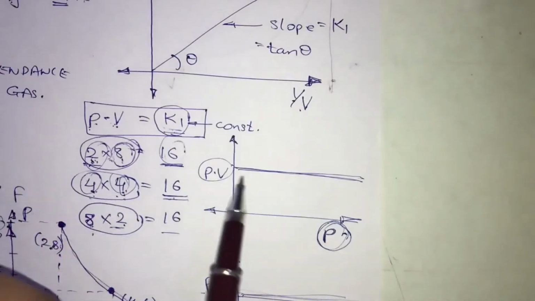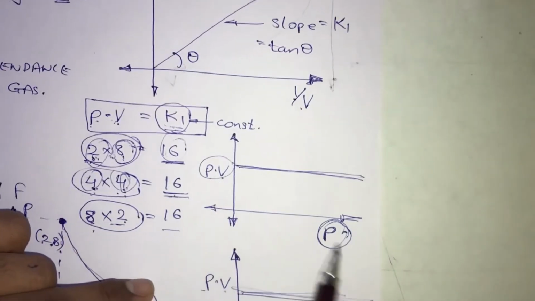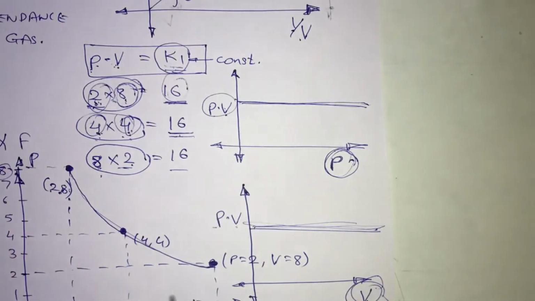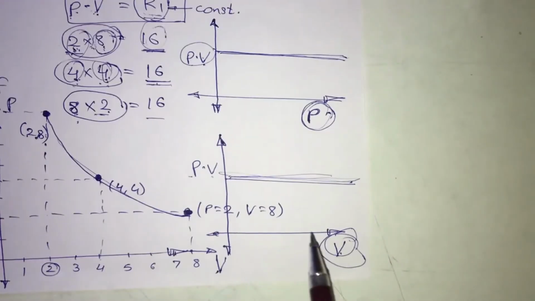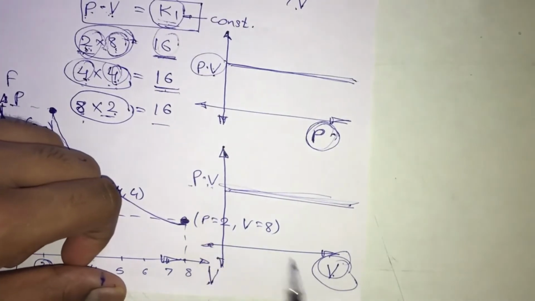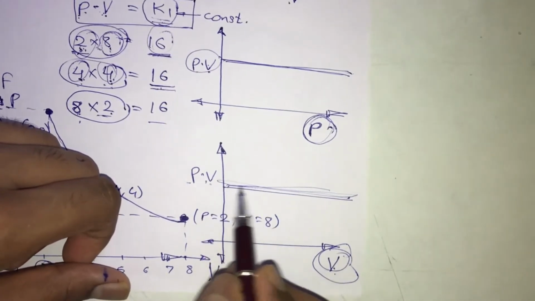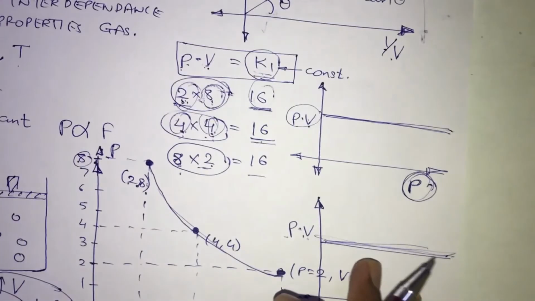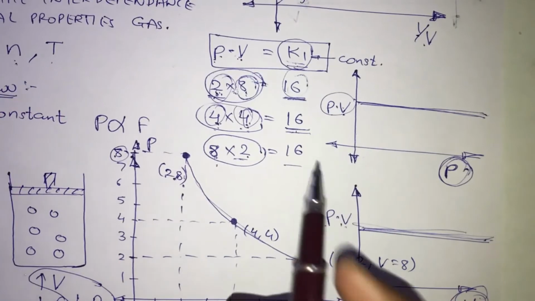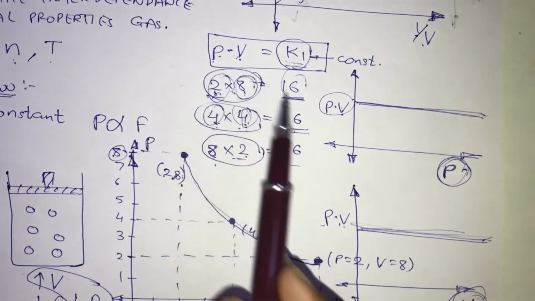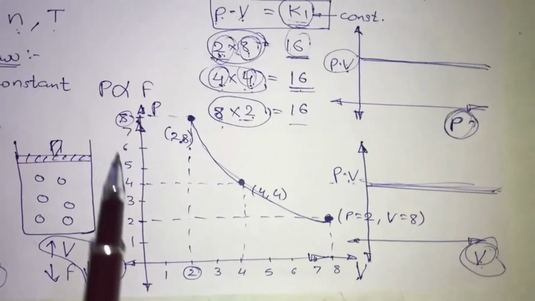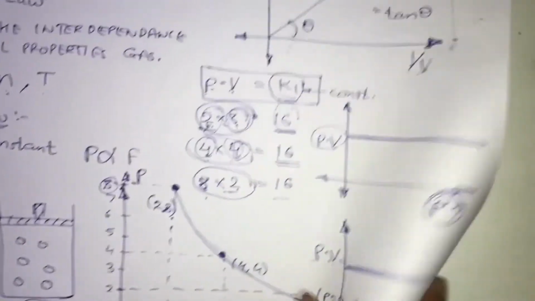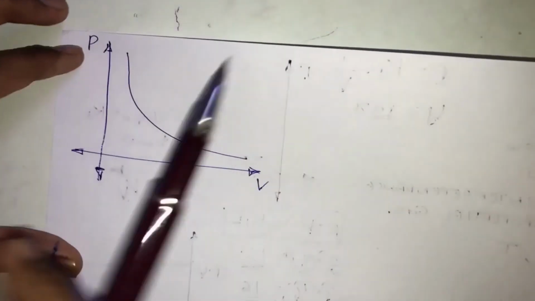Secondly, we plotted the pressure into volume versus pressure graph, and the pressure into volume versus volume graph, where we got a constant value of P into V. And the fourth graph that we did with the help of our examples is that the pressure by volume graph is always going to be a curve, which I have shown in a better way over here.